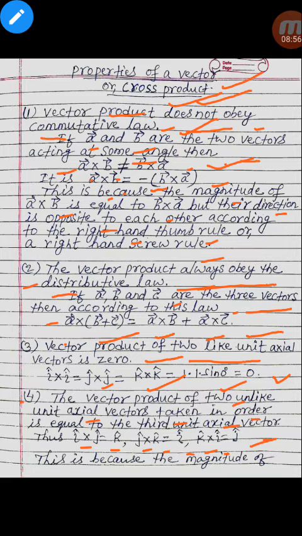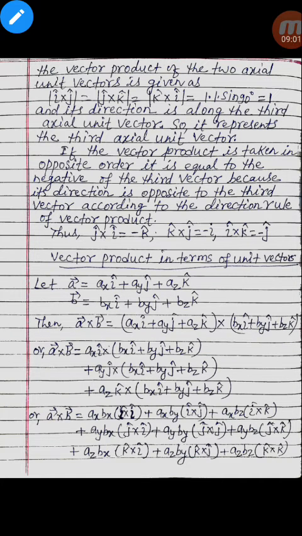This is because the magnitude of the vector product of two axial unit vectors that are perpendicular to each other is given by i cross j equal to j cross k equal to k cross i equal to 1 into sine 90 degrees, equal to 1. The angle between i and j is 90 degrees, j and k is 90 degrees, k and i is also 90 degrees.